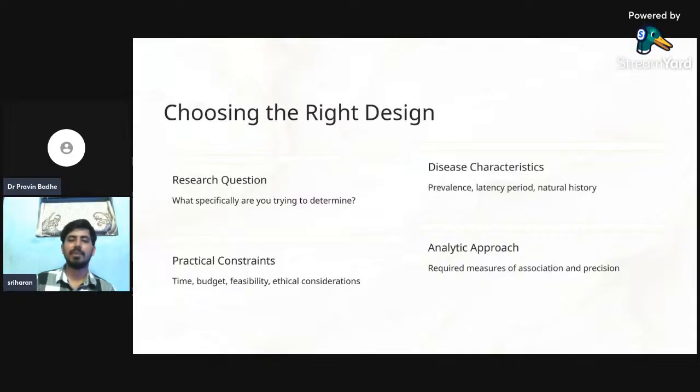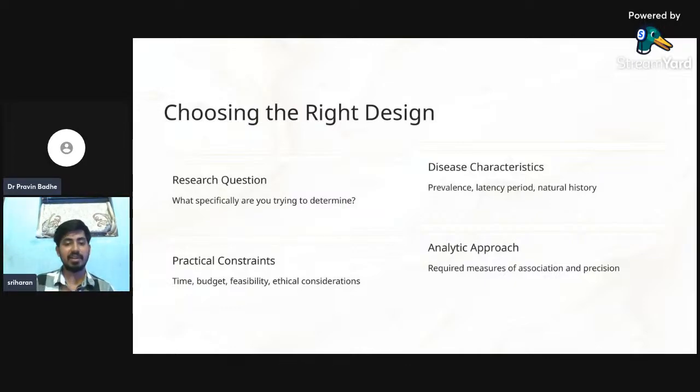While we are doing a prevalence study or a longitudinal study, disease characteristics are very important. Doing it for rare exposure, what kind of characteristics should be involved, or for rare outcome, multiple outcomes, or multiple exposures. Likewise, we want to characterize the disease. Practical constraints.